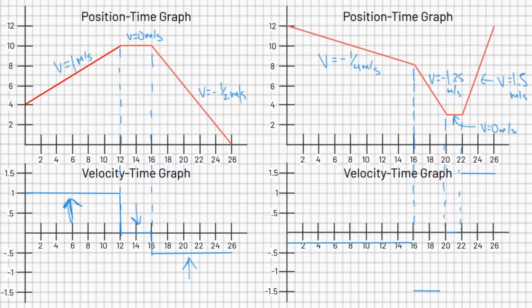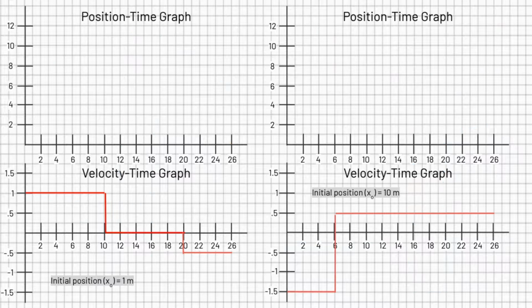All right, and then we're just going to join up all of our sections of the velocity time graph. There we go. All right, and there you have a translation between a position time graph and a velocity time graph.